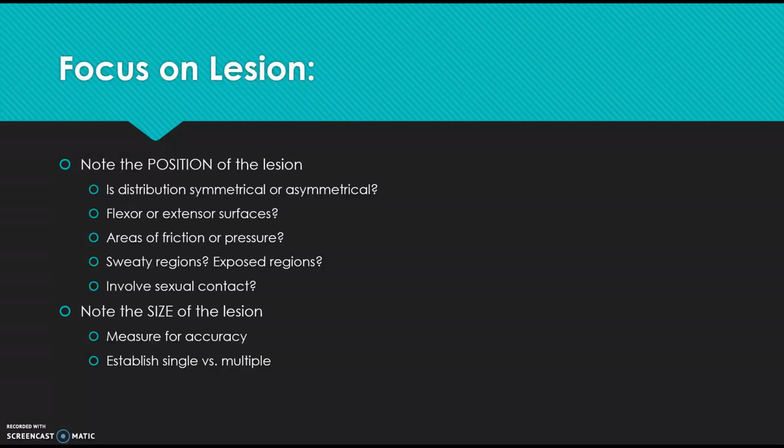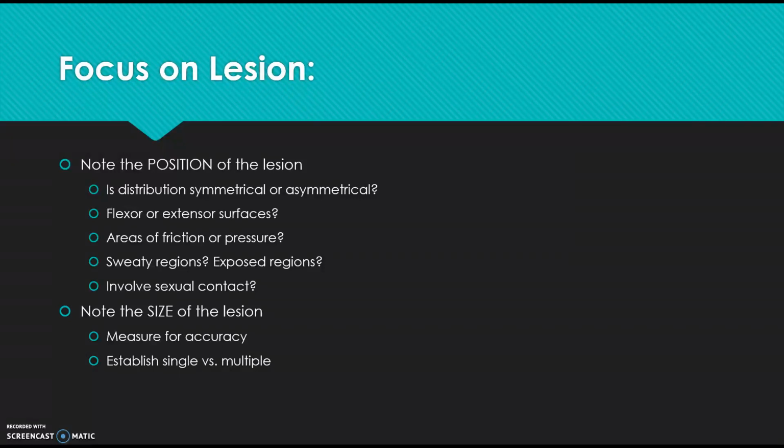You want to look at whether the flexor or extensor areas are involved, whether it's in an area of friction or pressure, if it's in a sweaty region of the body, if it's an exposed region of the body. You also want to consider whether sexual contact is a factor in certain areas where there would be some contact that could cause dermatological conditions.